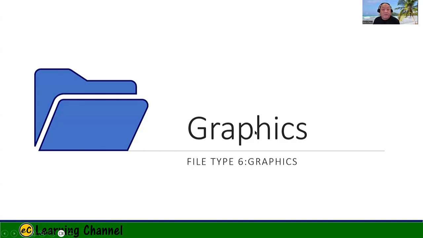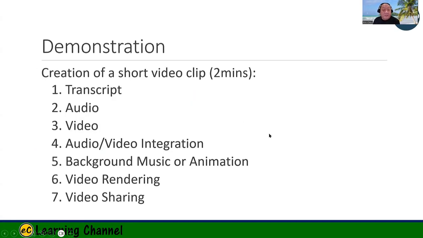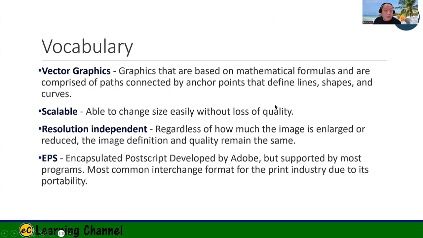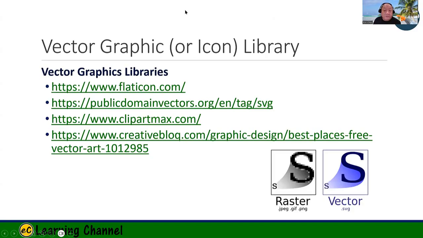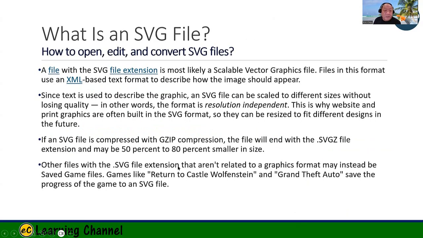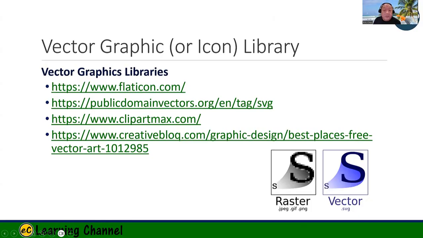The last one is graphics. Graphic is similar to image but different. Graphic is something that you draw as a picture. When you take a picture, it's pixel by pixel, that's called raster based, it's a JPEG.